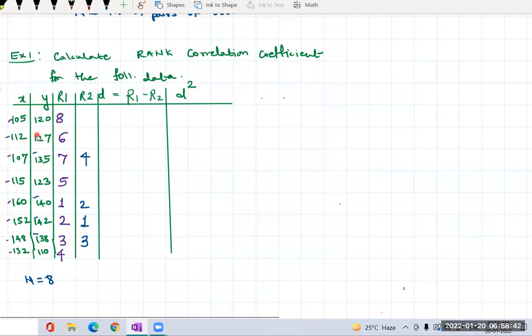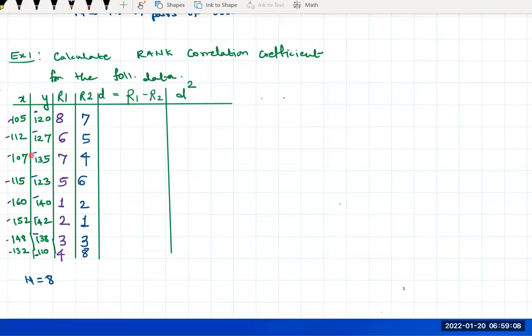So 127 will be the fifth one. उसके बाद ये 123 will be the sixth one. इसको भी टिक किया, इसको भी टिक किया. Now what you have next, seventh कौन आएगा 120. Okay, इधर ये 120 आएगा seventh. And then last one 110 will be ये वाला, last will be 8th one.